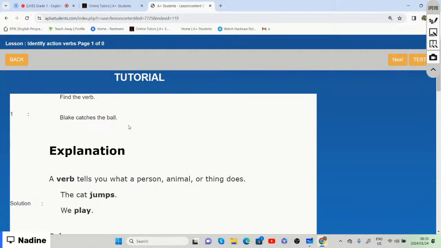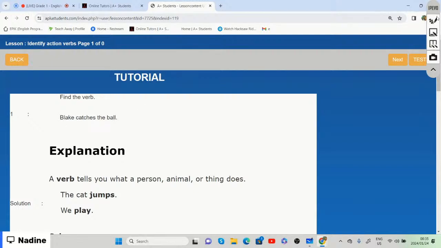If we try and look for the action, something that Blake did, and now we're going to underline the verb.